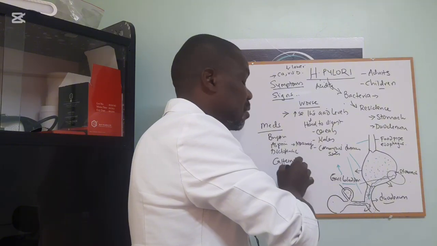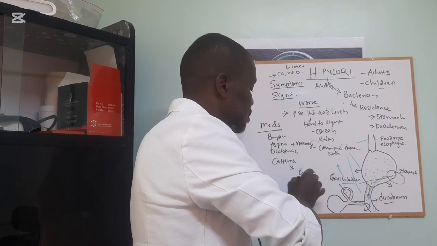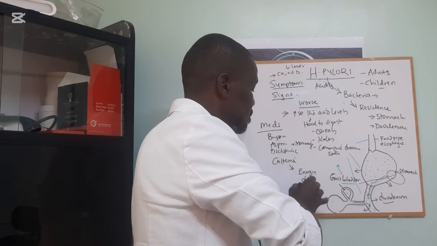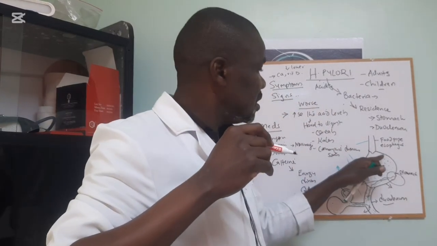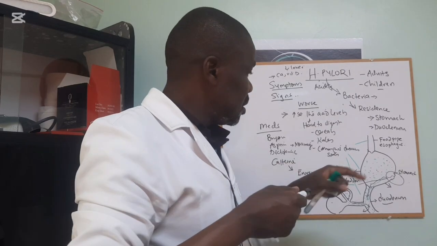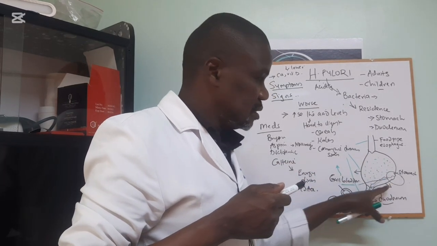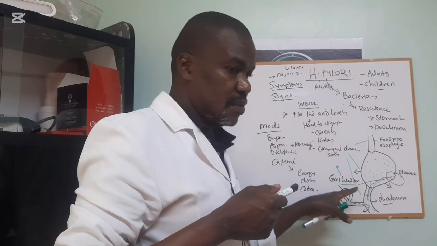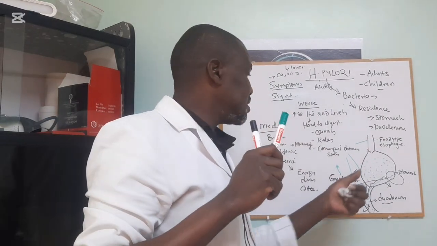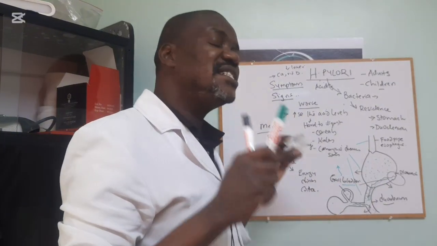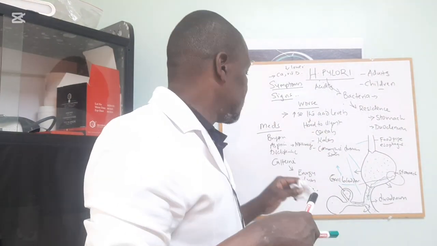And with caffeine, we are talking about energy drinks or coffee. What these things do is that they reduce the production of the protective lining in the stomach. So the acid levels might not necessarily increase, but the ability of the stomach to protect itself from its own acid becomes compromised.